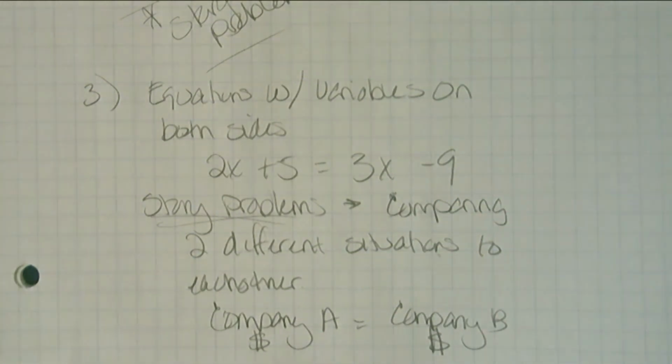And then at the end, they're saying, after how many months will the cost of the first company be equal to the cost of the second company? That's the other way you know that you have a variable on both sides situation. In something like 1 and 3.2, you might just say the total cost of your toll road visits in a one-month period was $400.